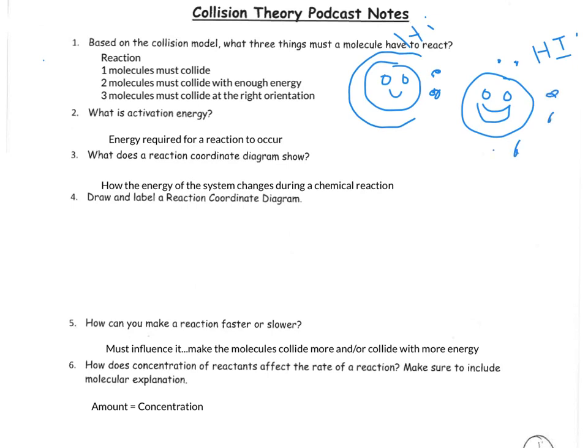Ida has lots of electrons, and here she has open space to bond with Clyde. So if they're moving really fast, and the electrons bond right there, we get a collision, and if it happens with enough force, then we get a reaction.